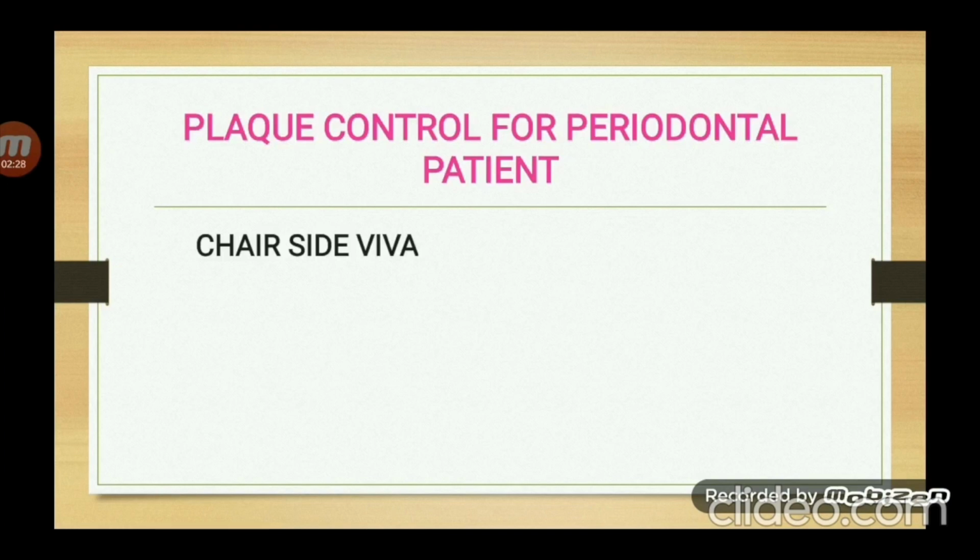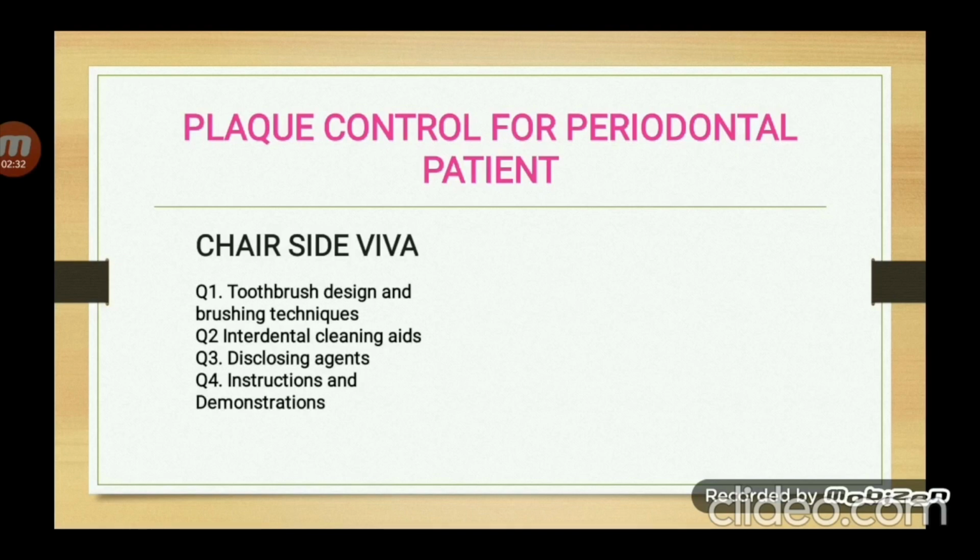Plaque control for periodontal patient. Under this, we have chairside viva, and they would generally ask you very basic questions about toothbrush design and brushing techniques, interdental cleaning aids, disclosing agents, what instructions you are going to give your patient, and the demonstrations for the same.